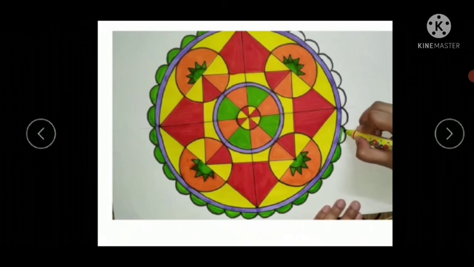Next comes a fantastic drawing, rangoli. See, while drawing rangoli like this, we can use n number of shapes, lines and curves. Understanding lines and curves is very important to create such drawings.